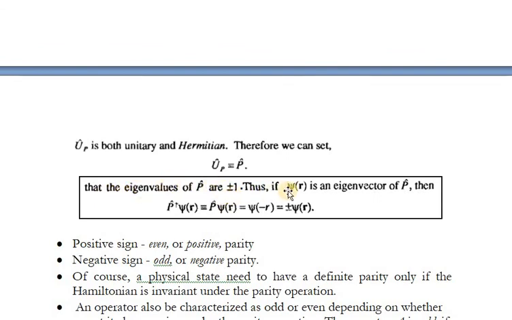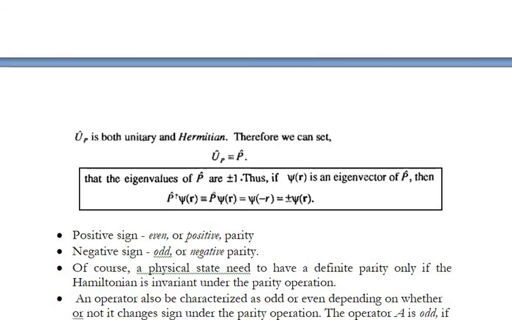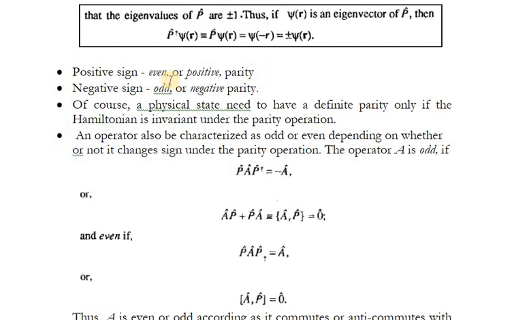Thus if psi of r is an eigenvector of P, then P dagger psi of r equals P psi of r equals psi of minus r equals plus or minus psi of r. Here the positive sign represents even or positive parity, and the negative sign represents odd or negative parity.